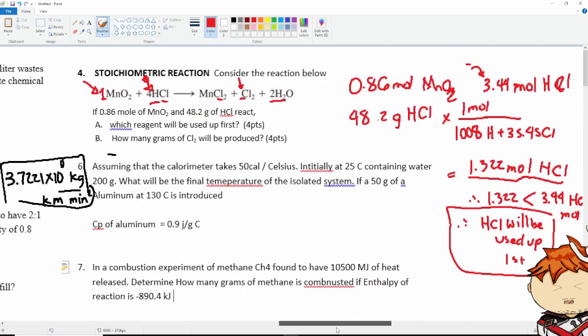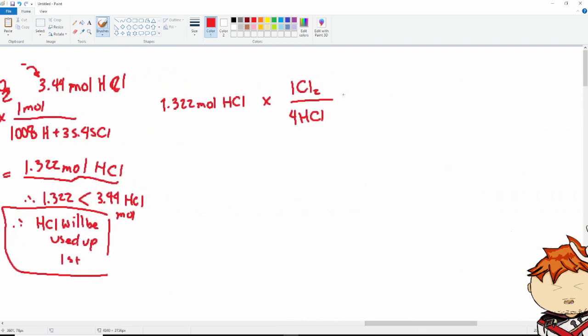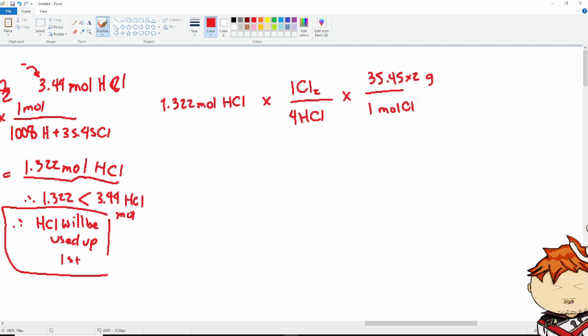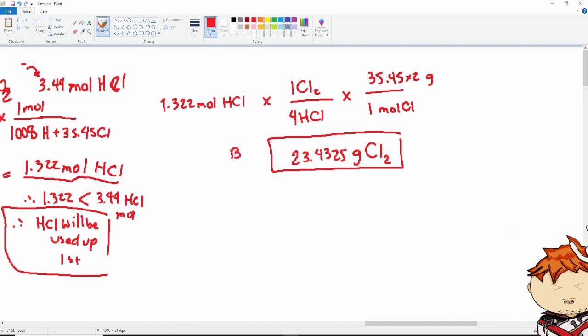What's the question? What unit? Grams. Let's just convert this to grams. 1 molecule of Cl2 is 35.45 times 2 grams. So 1.322 divided by 4 times 35.45 times 2 is 23.4325 grams of Cl2. That is the answer to letter B.